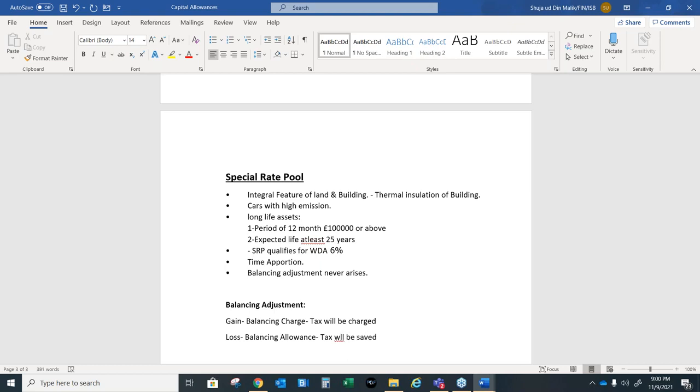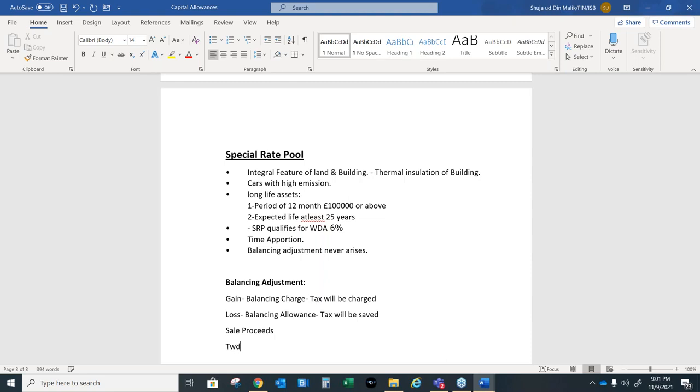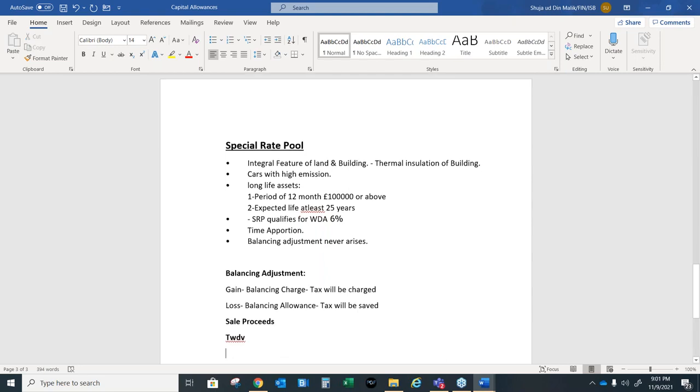Balancing allowance means tax will be saved. While calculating the balancing charge or allowance, we require sale proceeds and tax written down value. If we are not provided with both of these, we cannot execute the balancing adjustment.